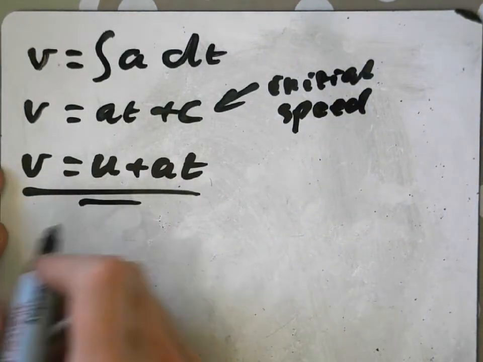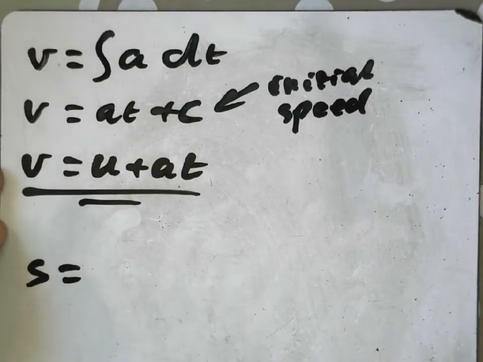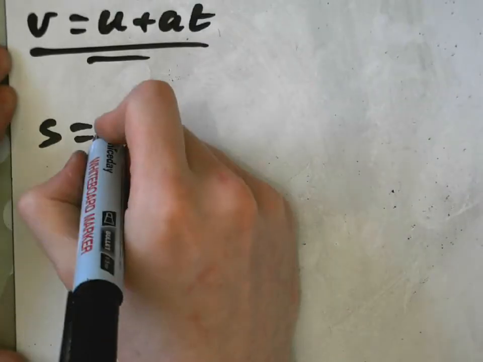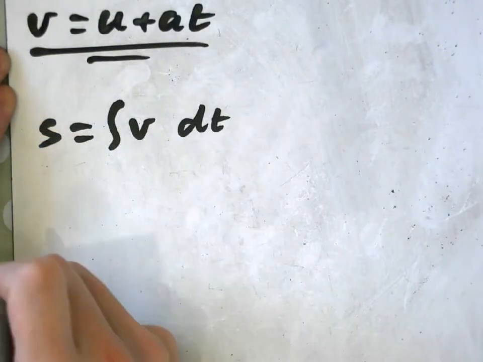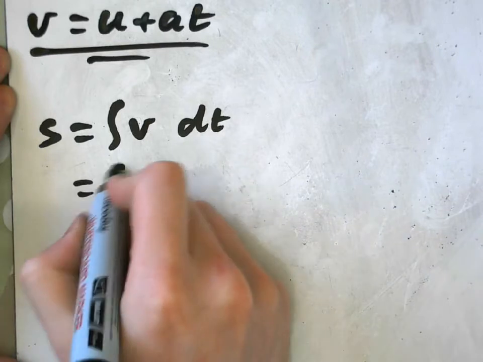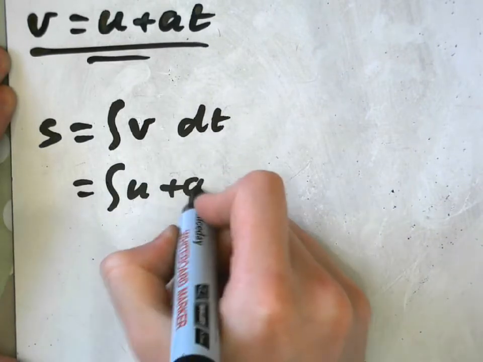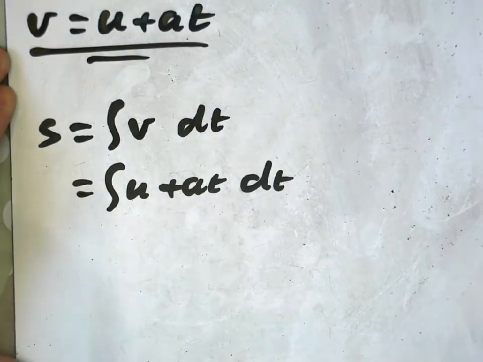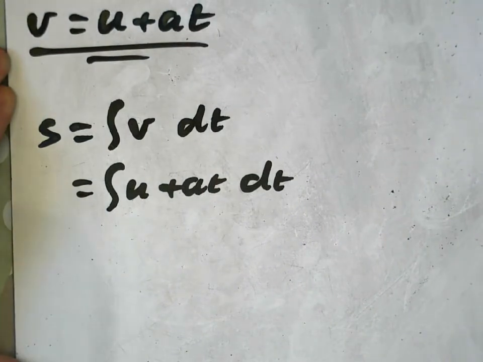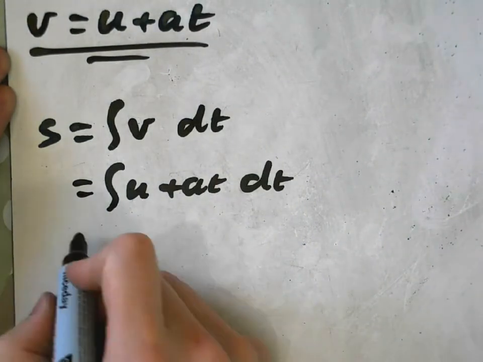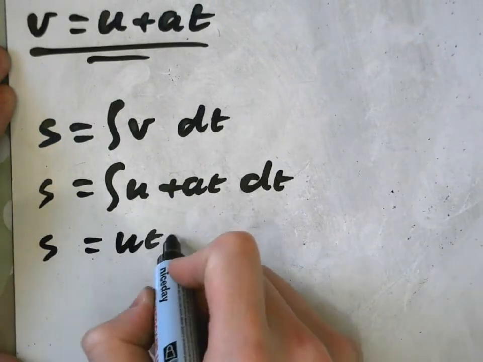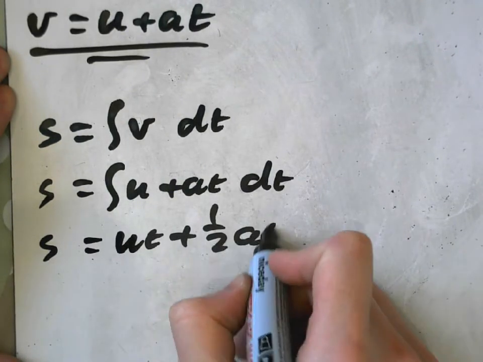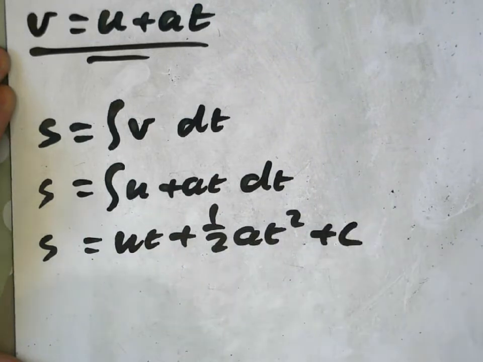What we can also say is that we know that displacement is the integral of v with respect to t. So the integral of u plus at with respect to t. What that then allows us to say is that s equals ut plus half at squared plus c.